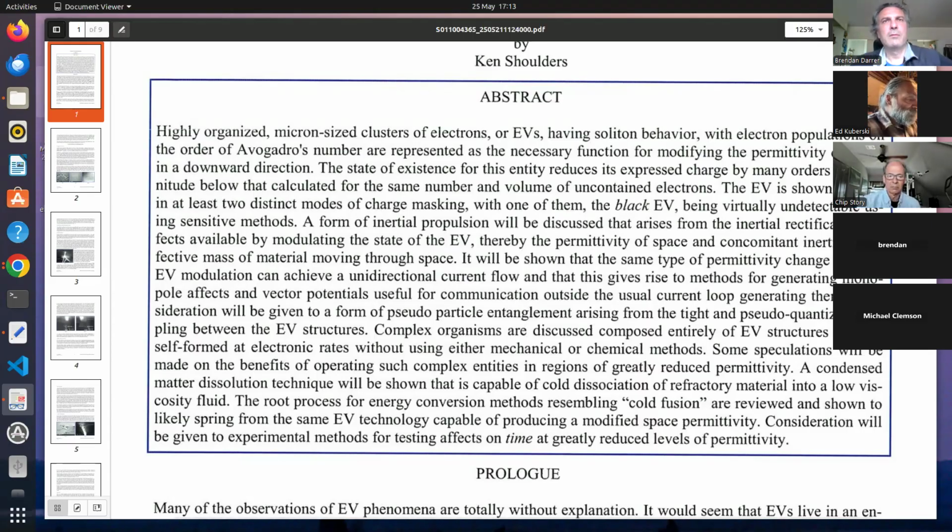A form of inertial propulsion will be discussed that arises from the inertial rectification effects available by modulating the state of the EV, and thereby the permittivity of space and the concomitant inertia or effective mass of material moving through space.